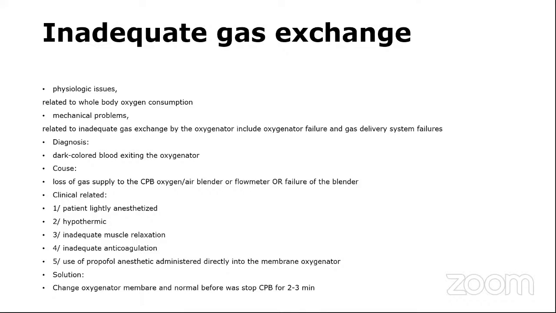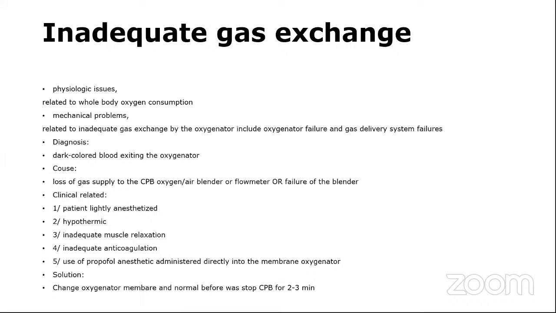We can diagnose it by dark colored blood, meaning deoxygenated blood, exiting the oxygenator, where the blood should be oxygenated and shouldn't be dark. The cause is either loss of gas supply to the blender or flow meter, or failure of the blender, which is very rare.